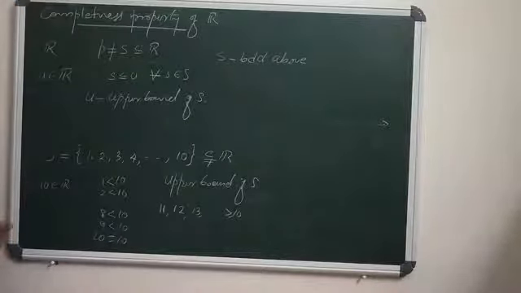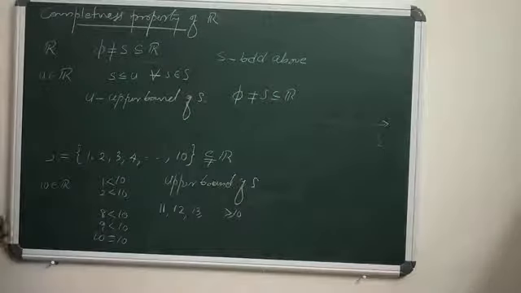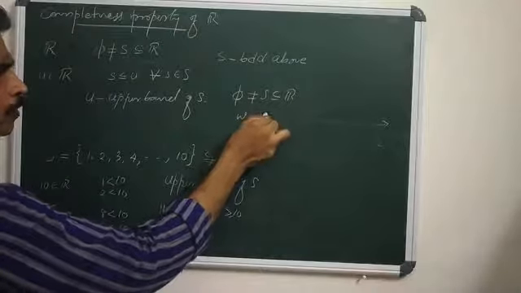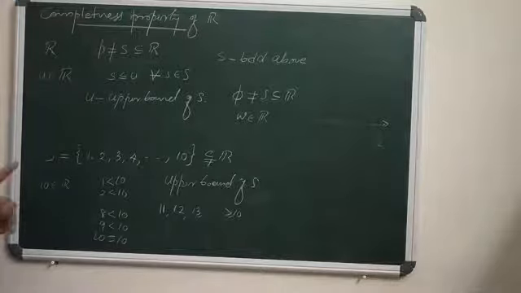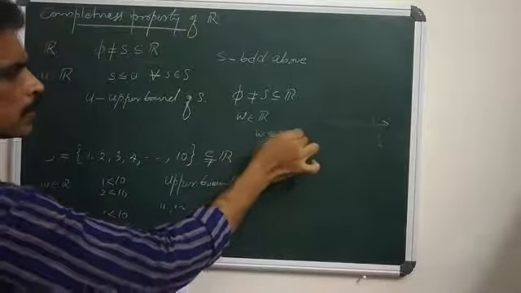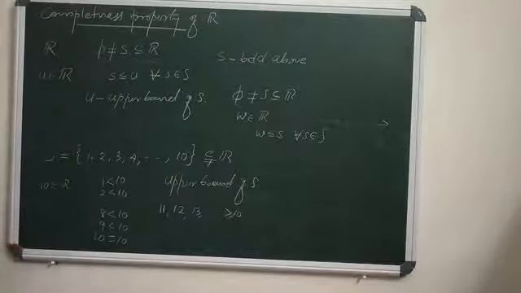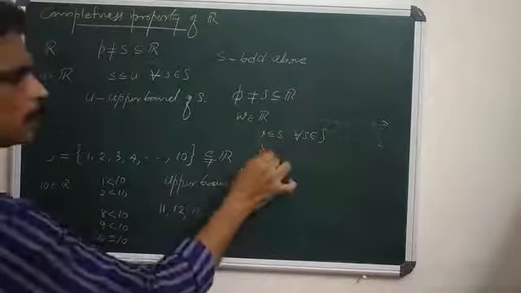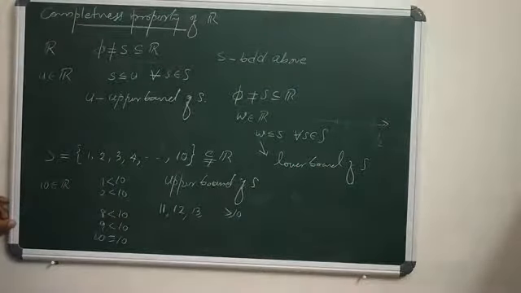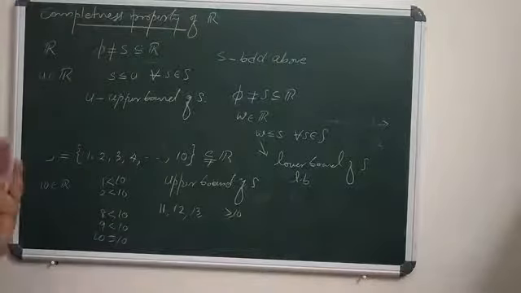Suppose S is a non-empty subset of R. If you choose another element W in R such that W is less than or equal to s for all s in S, then this W is known as a lower bound of S. If a set S has a lower bound, then that set is said to be bounded below.